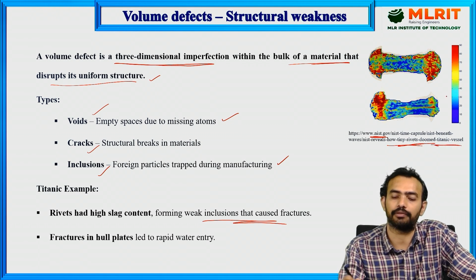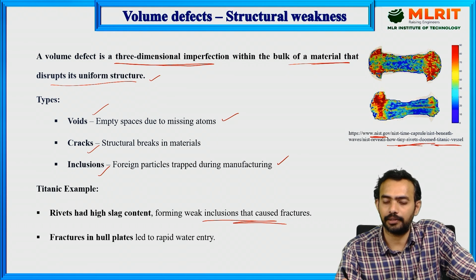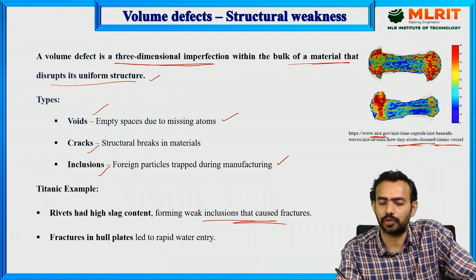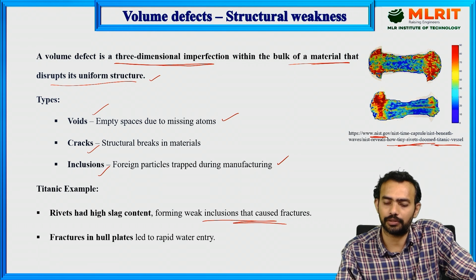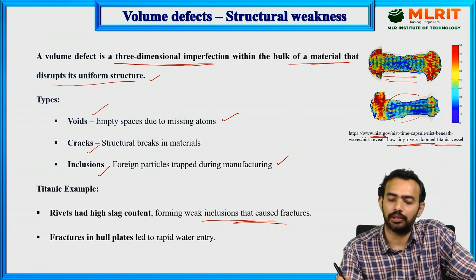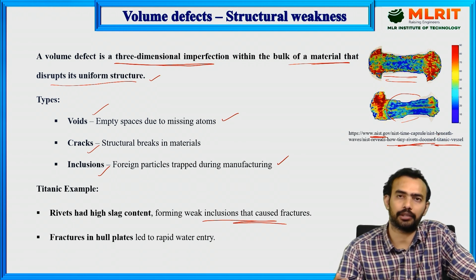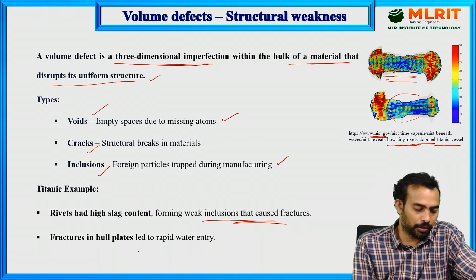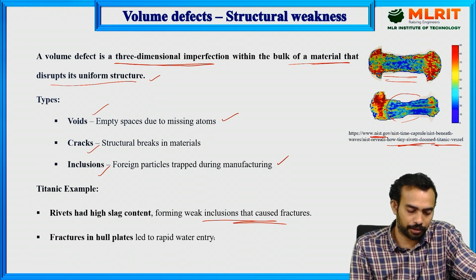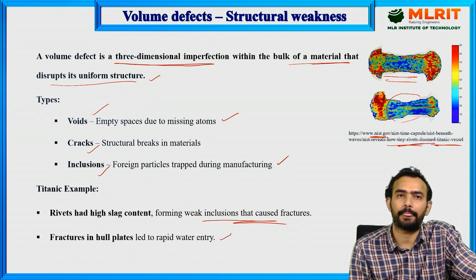The article gives a stress analysis of the stress concentration regions caused by the thin riveted joints, which caused failure of the entire ship when it was impacted by an iceberg, and fractures in the hull plates led to the rapid entry of water.